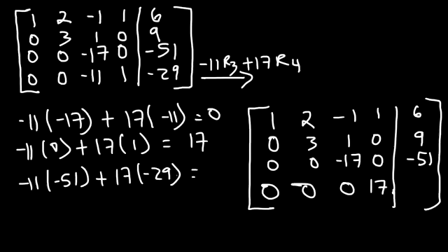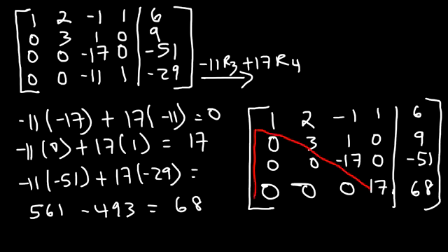So negative 11 times negative 51, that's 561. And then 17 times negative 29, that's negative 493. So 561 minus 493 is 68. So notice that we now have the zeros that we wanted.